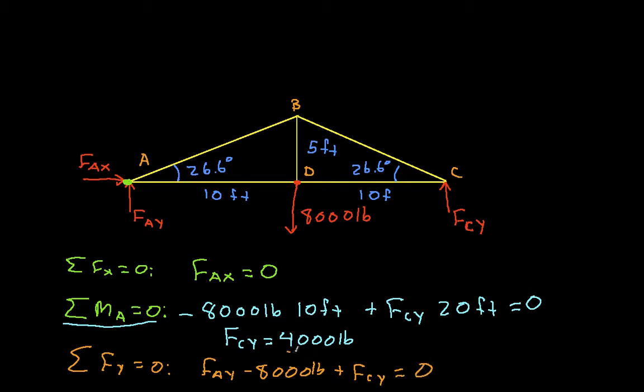I know FCY is 4,000 pounds, and from this I can easily solve for FAY to be 4,000 pounds, which is what you would expect if I have a load right in the middle of the bridge, and the bridge itself is symmetrical. You would expect the reaction forces on both sides to be symmetrical. So each side of the bridge is supported by half the load.